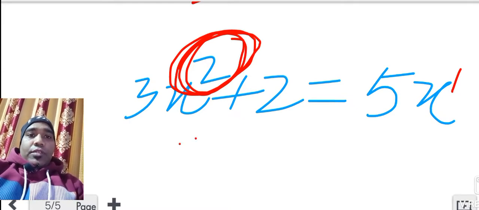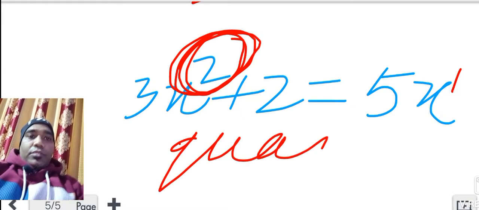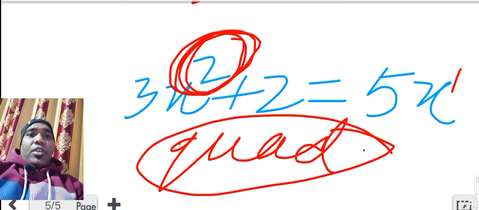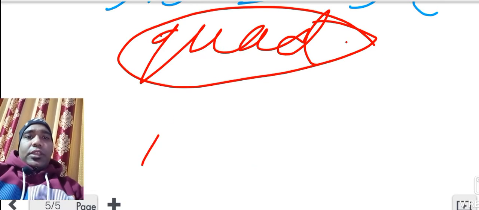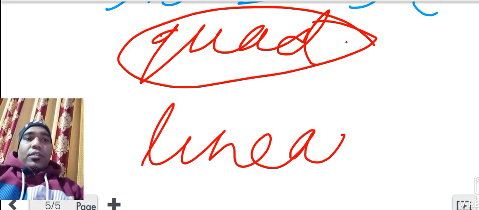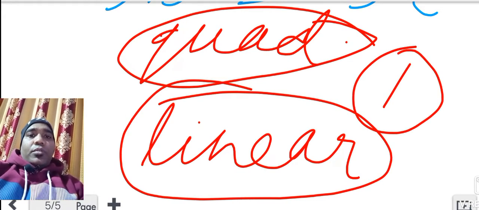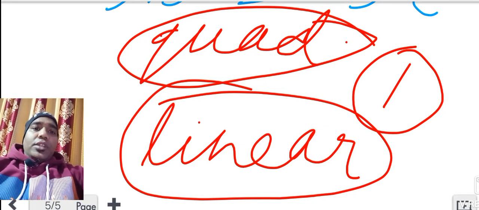So it will become a quadratic equation. Just for your information I am telling you, but you have to study only linear equation, that means the exponent on the variable will be 1.